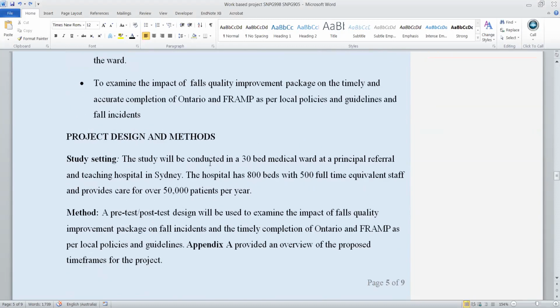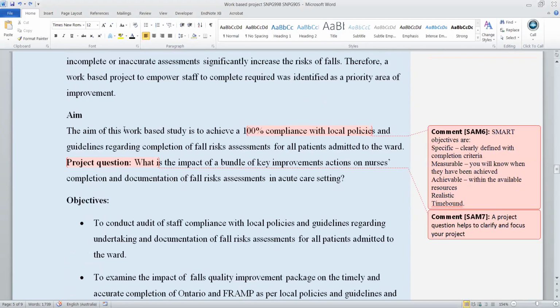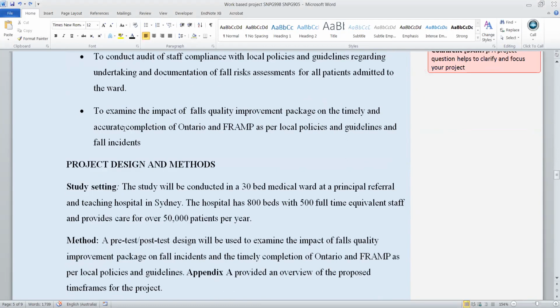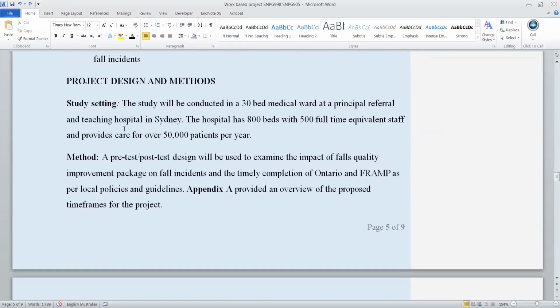The second was to examine the impact of a range of quality improvement packages on the timely and accurate completion of specific falls risk assessment tools as part of the local policies and guidelines. So as you can see, aims follow the introduction. You can have a project question and one or more objectives.